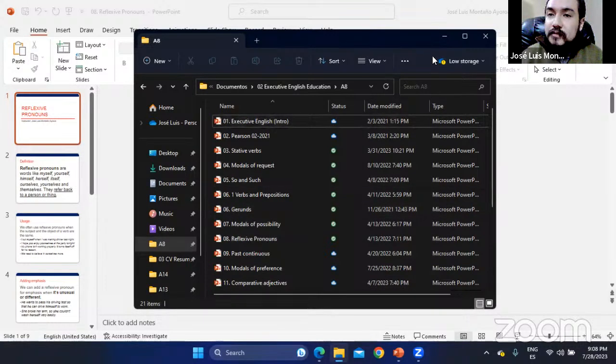For example, gerunds. We know that gerunds are very important, that gerunds can be used as the subject of a sentence, as the object of a sentence, and being the object, it can be placed right after some verbs, after some expressions, after prepositions.